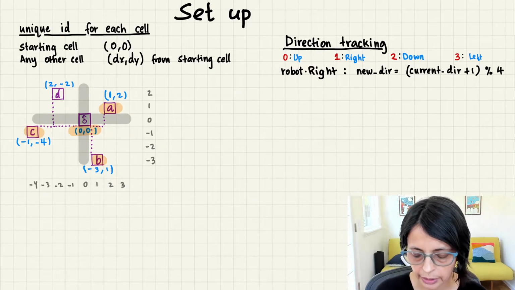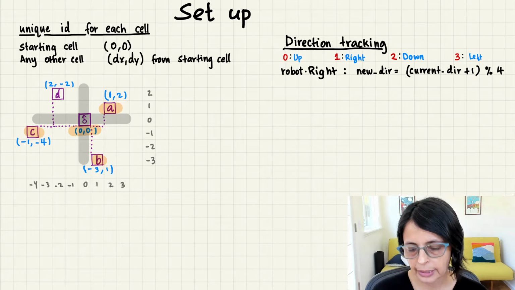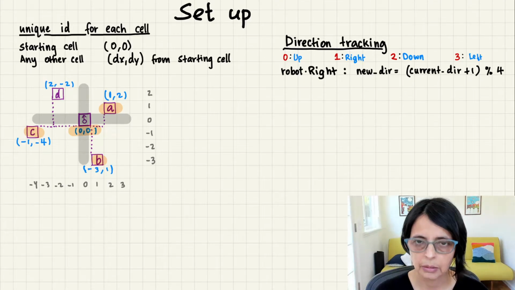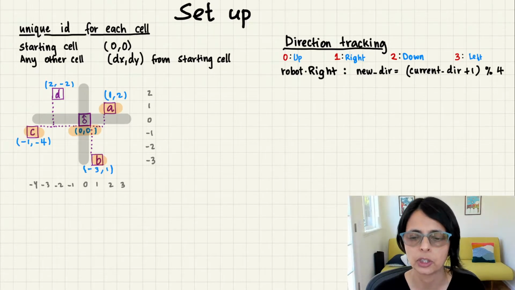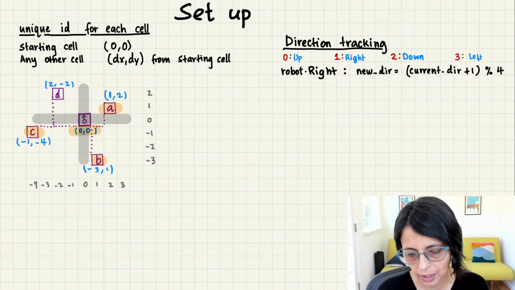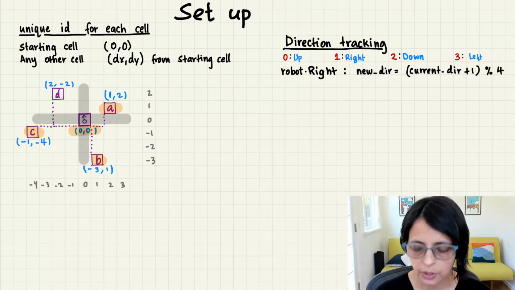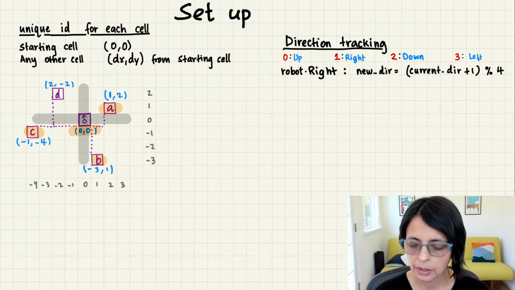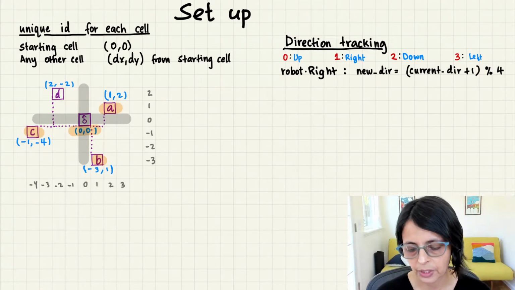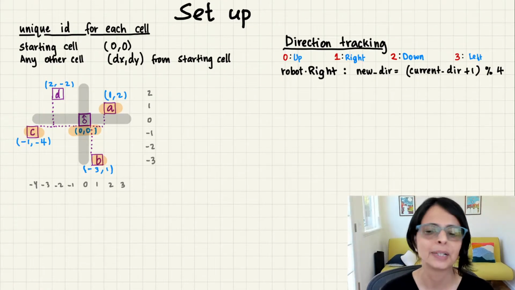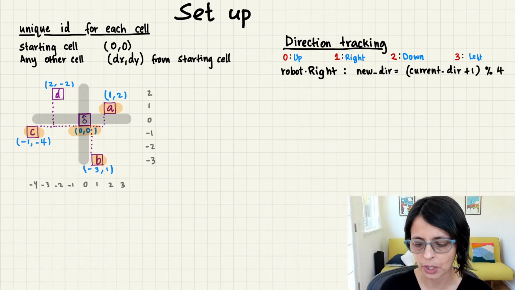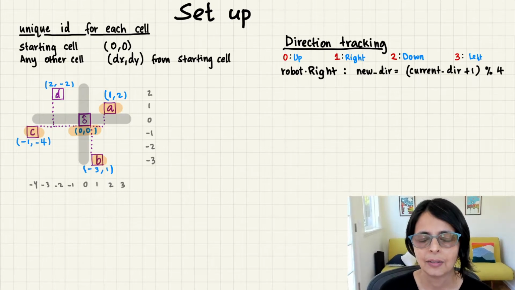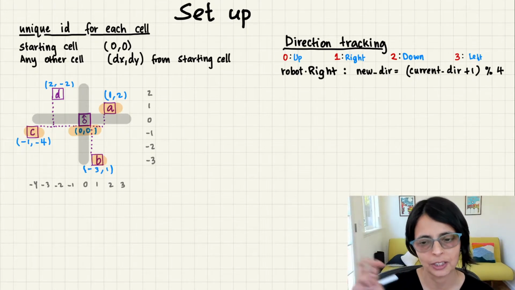Now direction tracking. This is what we are proposing: we have 4 directions, and we give them integer identifiers. You'll see in a minute why that helps. So up is 0, right is 1, down is 2, left is 3. Now it seems random enough, but it's not. The way we have these directions as 0, 1, 2, 3, we have the concept of next direction.